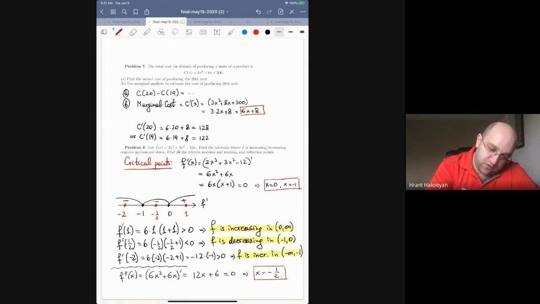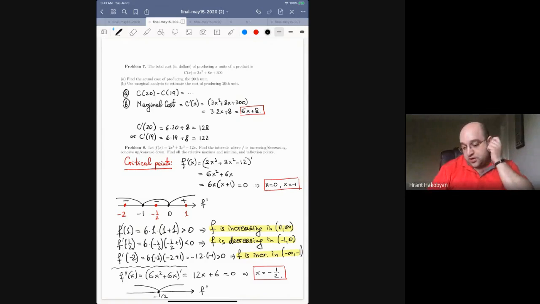And now if I do the number line for the second derivative, I have only one place where it's equal to 0. So this is f double prime. So that's negative 1/2.